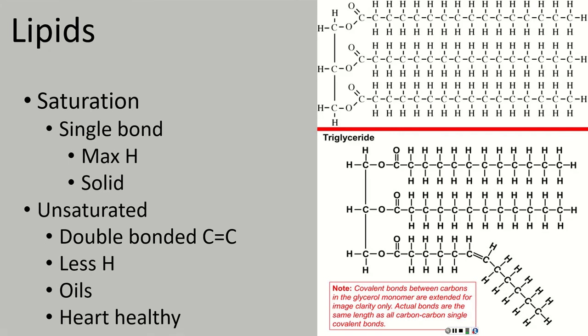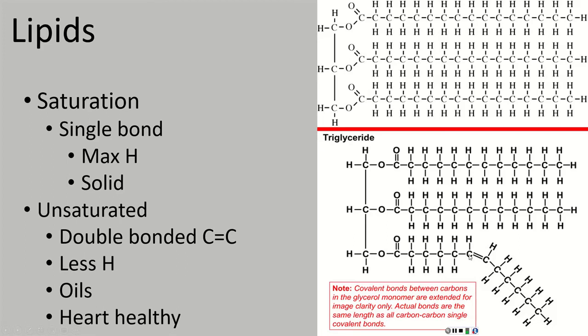Let's compare that to an unsaturated fat, which we see down here at the bottom. Here we see again the same thing that we saw above. And the second row, again, same thing that we saw above. But if we look at this bottom fatty acid, this carbon, instead of having 4 single covalent bonds, it actually has 2 single and a double covalent bond between itself and the next carbon.